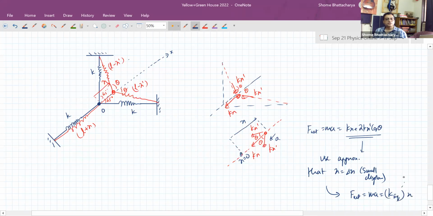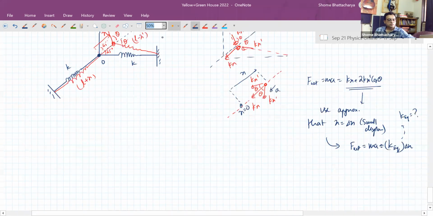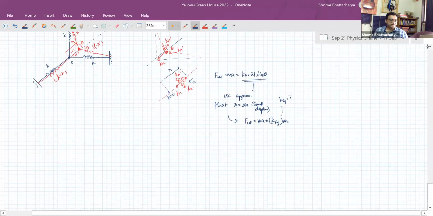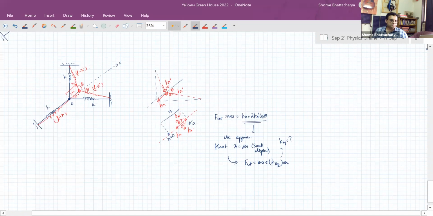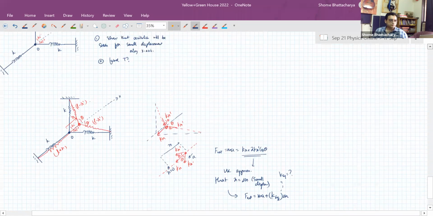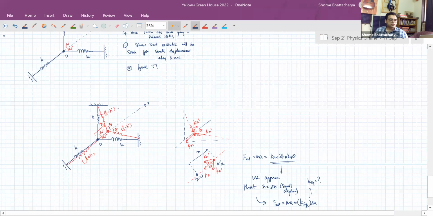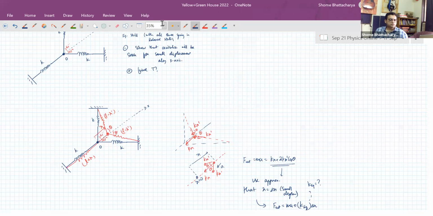So from that we have to find what this equivalent spring constant is. But here the x will be replaced with delta x. So just take down the free body diagram and then we'll figure out how to do the approximation here. This is question number 19 from HCV.